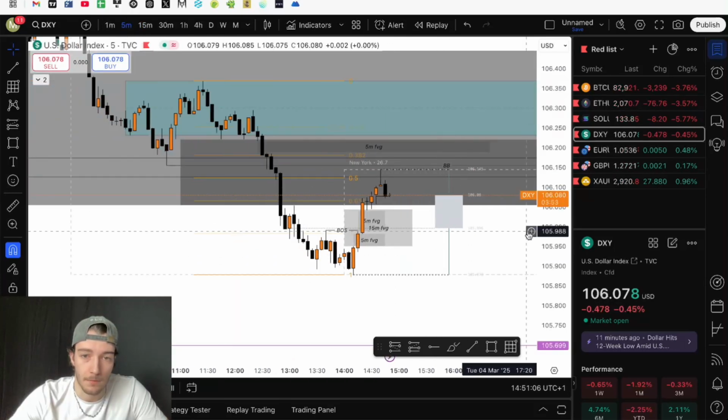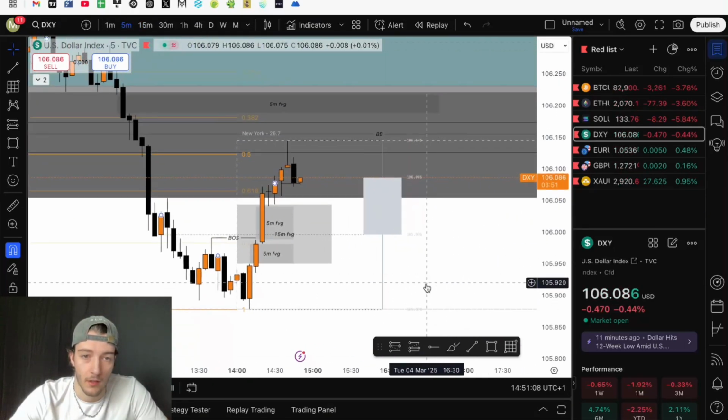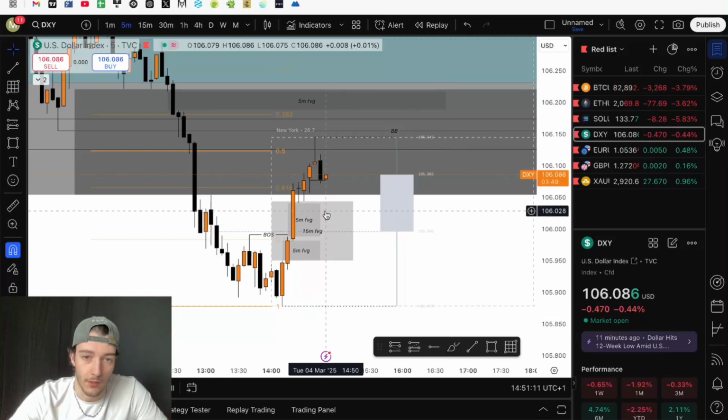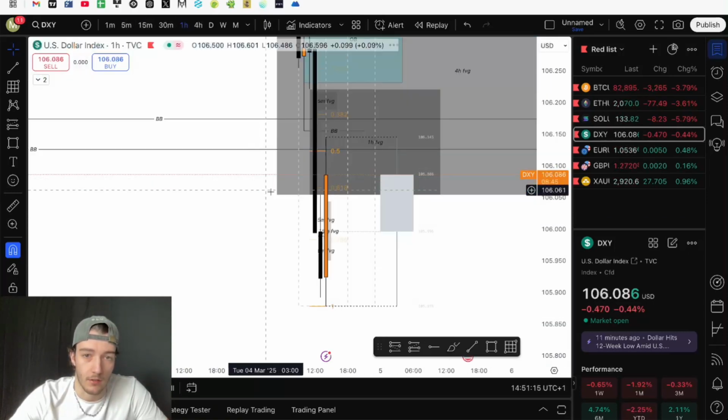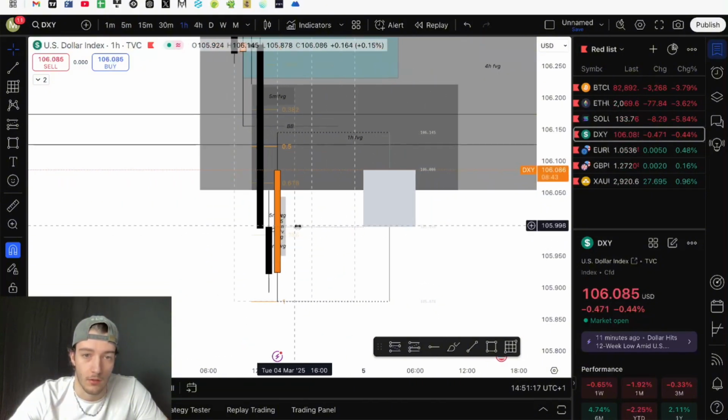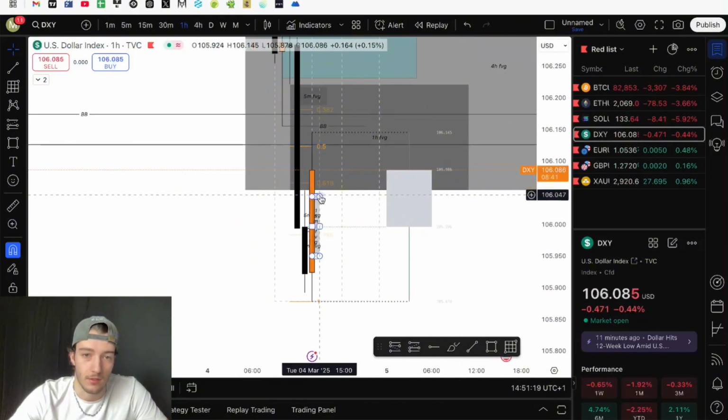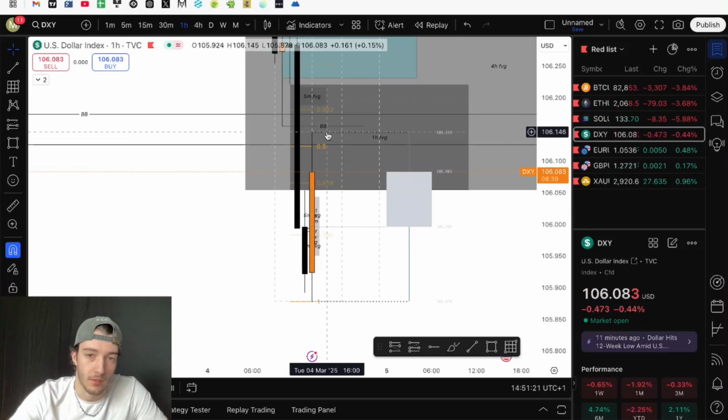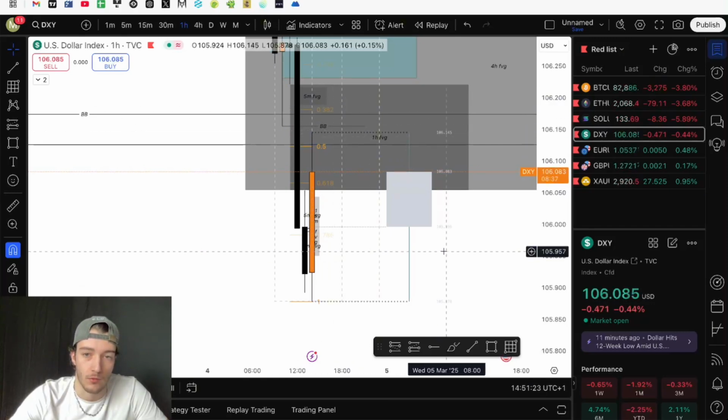So it's a bit risky to tell now. I might as well just want to wait for this tap into here and not just blindly enter off of this 1 hour candle close below this 1 hour fair gap, because it can just come up, sweep this 1 hour high here, and then move lower.